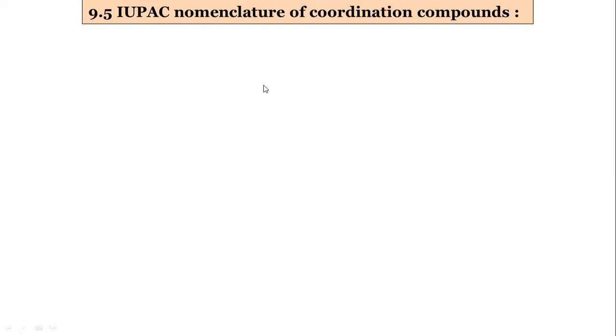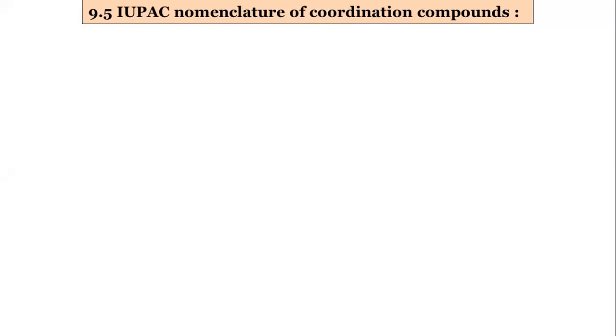The IUPAC nomenclature system of coordination compounds is quite different from organic compounds. In organic chemistry, we learn the IUPAC nomenclature system of alkanes, alkenes, then alkynes, and all those chapters are already completed. Aldehydes, you know, end with methanal, ethanal, propanal, like this. Select the longest chain and identify the groups.